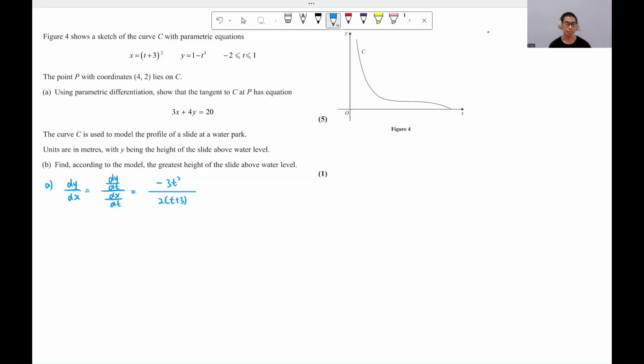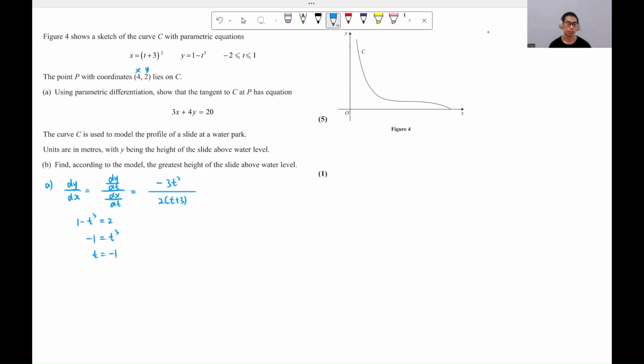The first one is x, the second one is y. So let 1 minus t cubed, the y value, equal 2. Add t cubed to both sides and subtract 2 from both sides, so t cubed is -1. The cube root of -1 is just -1.